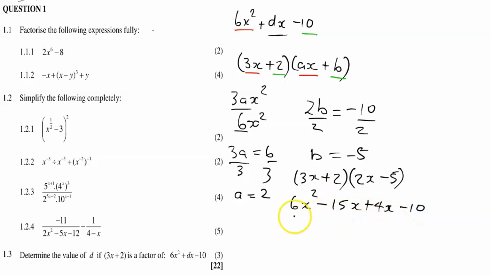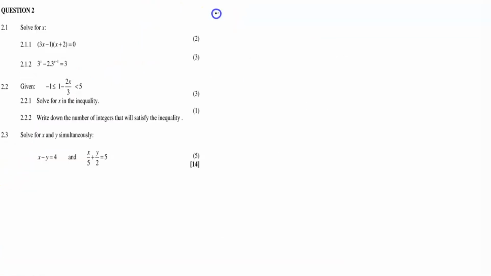Then these are like terms, you can add them. 6x squared minus 11x minus 10. And then you can see where there's d, you've got what? You've got negative 11. So that means your d is equal to negative 11. And that's it. We are done with question 1.